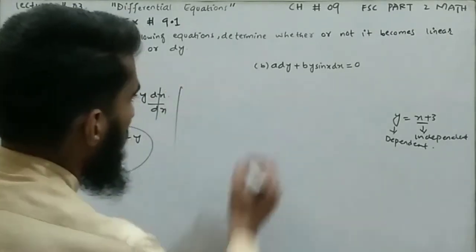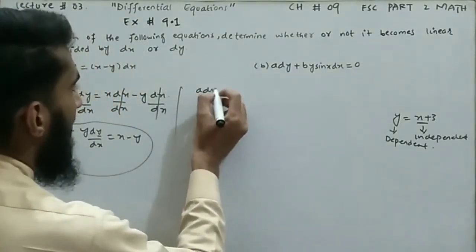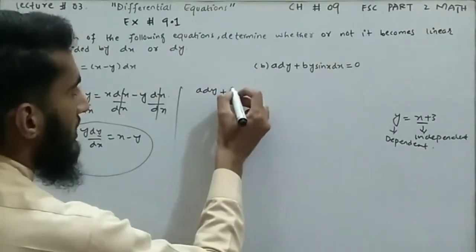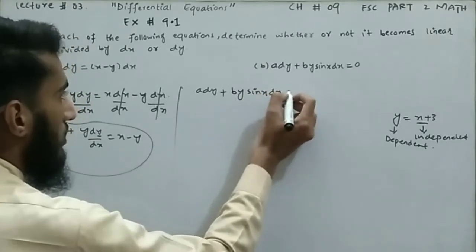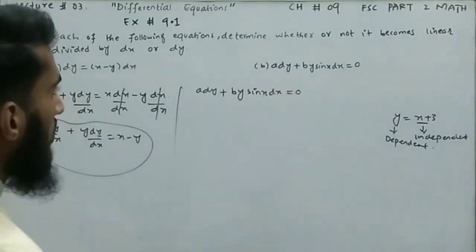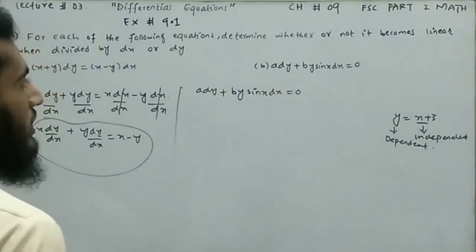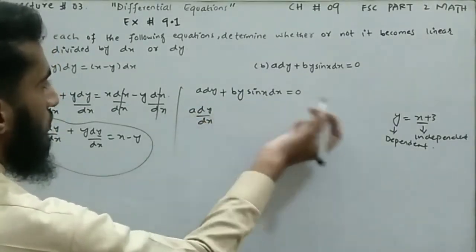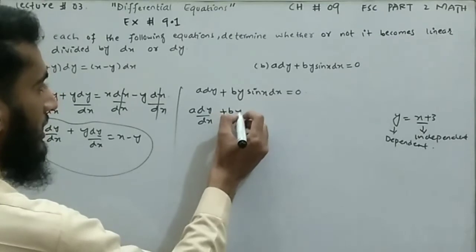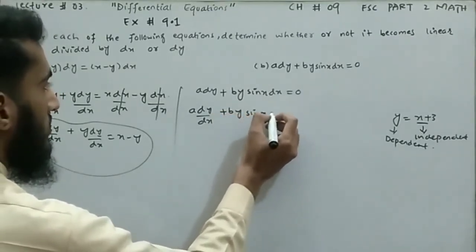Move now to part number 2. A dy plus by sine x dx is equal to 0. This question came in the previous ETEA paper. So over here I divide this whole equation with dx. So it becomes a dy by dx. Over here dx cancels out with dx, we are left with by sine x is equal to 0.